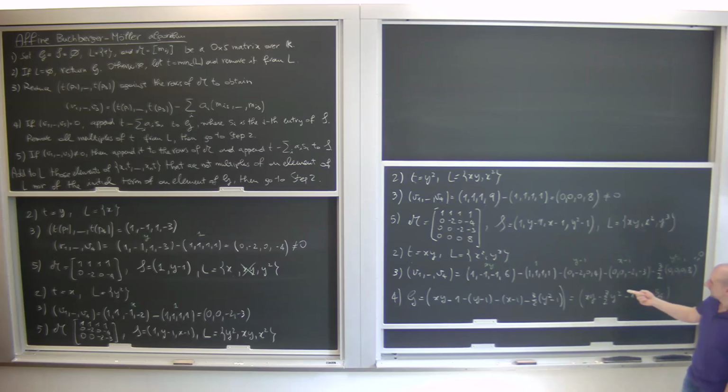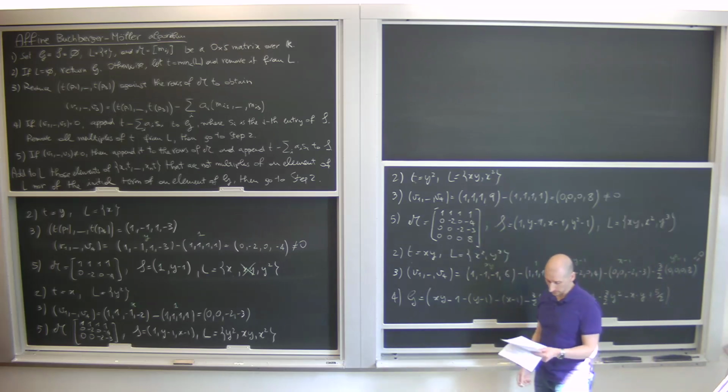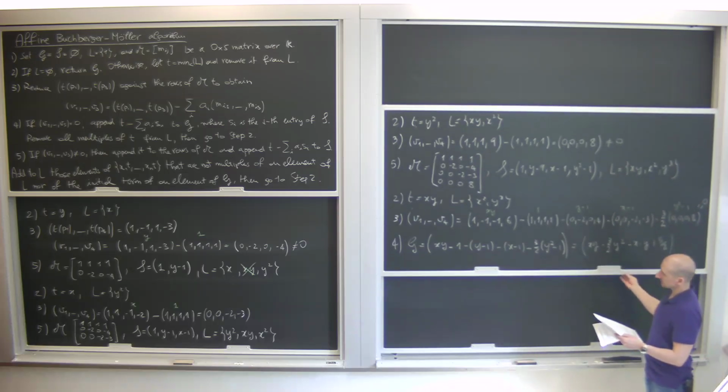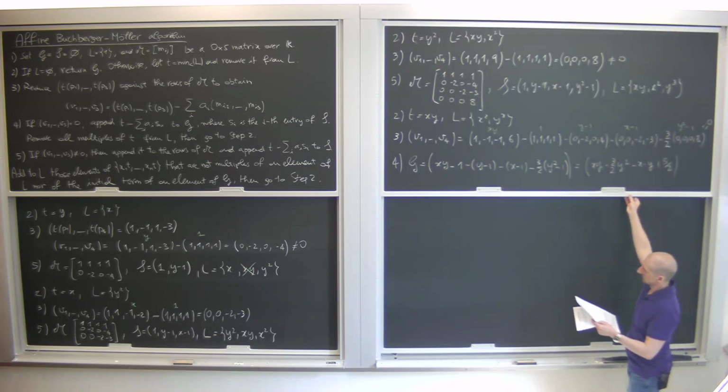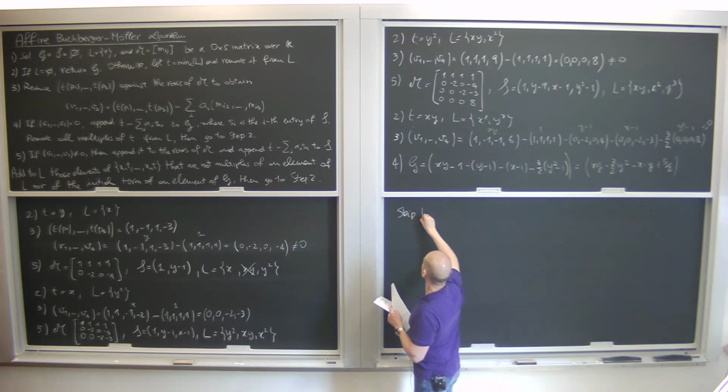Hopefully, you believe me that even if I keep doing this for x squared, I'll get something that will reduce to 0, and even with y cubed. So you get 3 polynomials. If you want, I can tell you what they look like. So skip to the end.